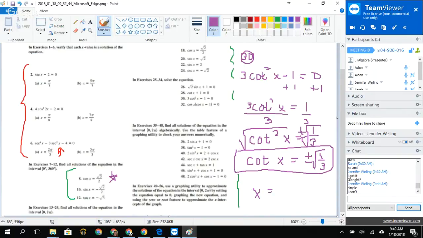x equals, I just lost them when I was over there. I think I have them written down. I've got x equals pi over 3, 4 pi over 3, 2 pi over 3, and 5 pi over 3.